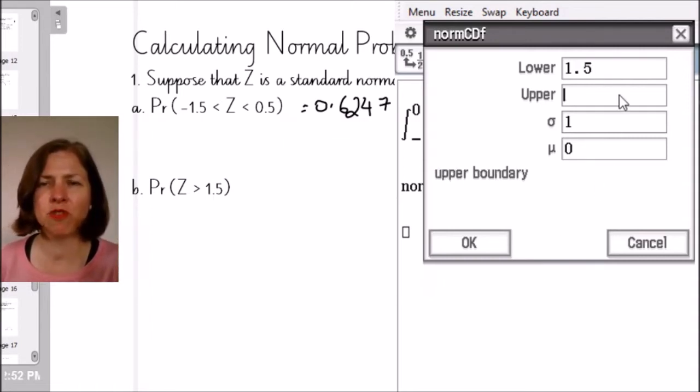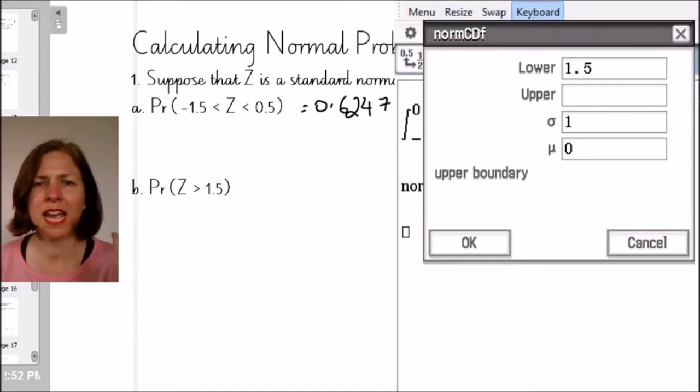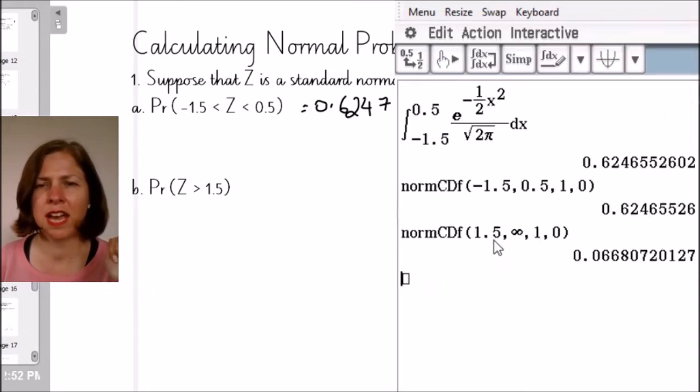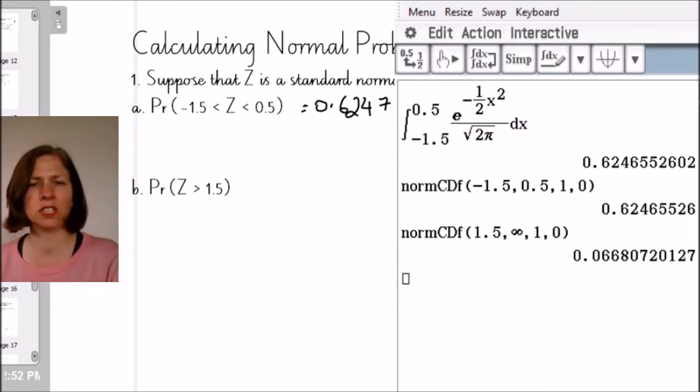My upper boundary is going to be infinity. I go to my keyboard, it's in Math 2, and there's my infinity symbol. So I'm asking my calculator to take me from 1.5 all the way up to infinity, hit OK, and there's my value, 0.0668. So let's jot it down.